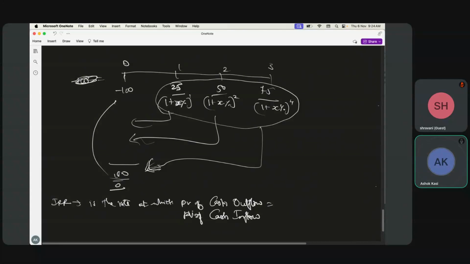Present value of cash outflow is equal to present value of cash inflow.